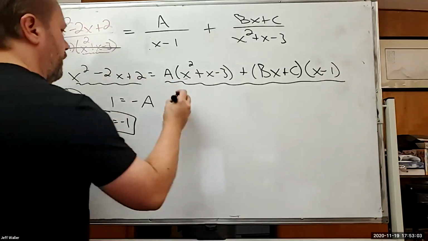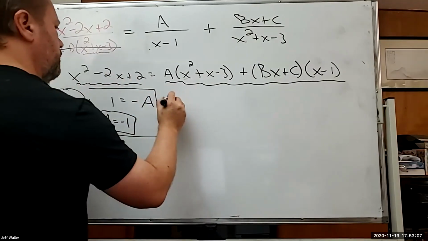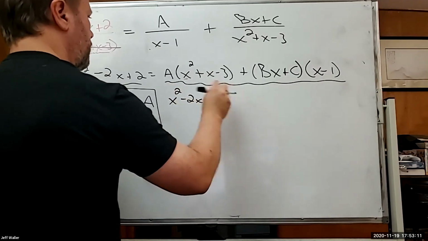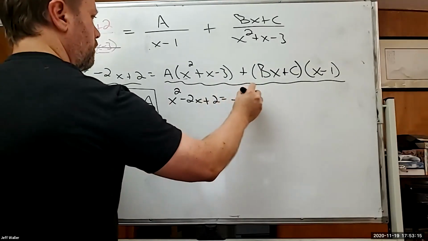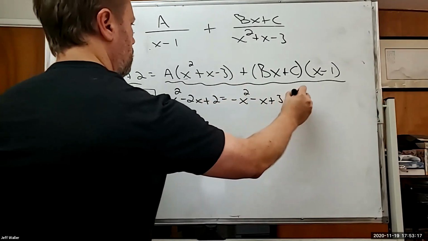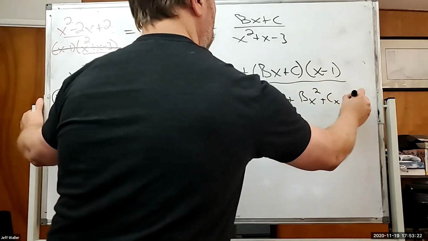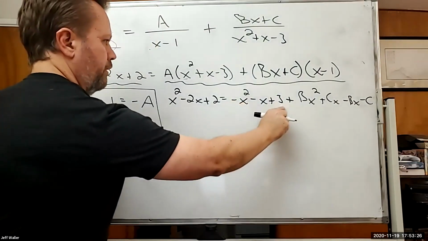So look, here's what I like to do. What do I know so far now? I know I'm going to run out of room is what I know. A is -1, right? Let me go ahead and multiply this out. But look, now can't I bring these over here?